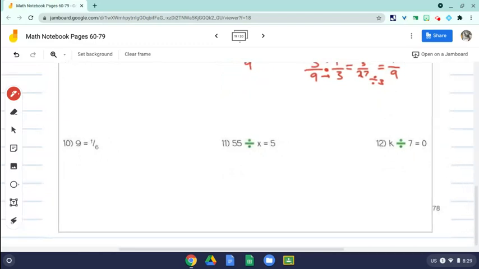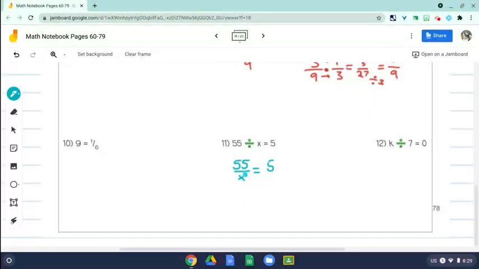Why not? Okay, so for number 11, we have 55 divided by x equals 5. And this could be rewritten like this if we wanted to. We could write it as 55 divided by x equals 5, if that helps you visualize things.